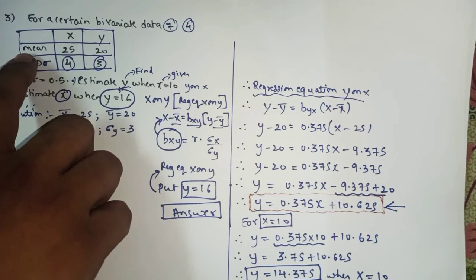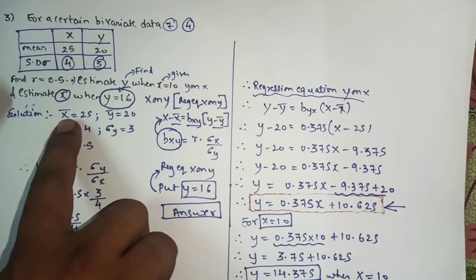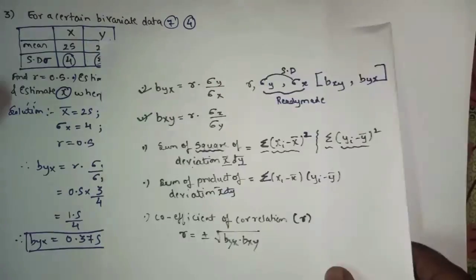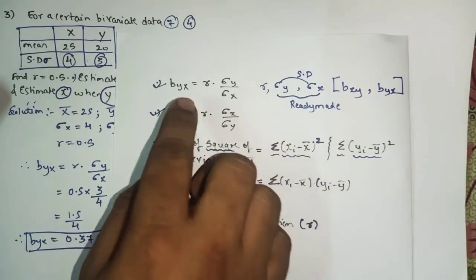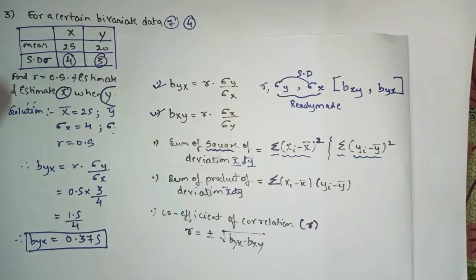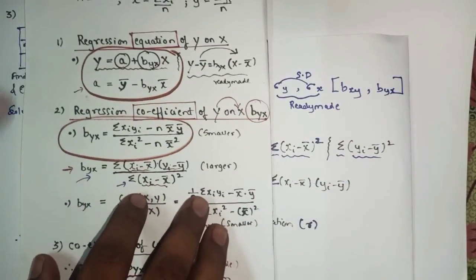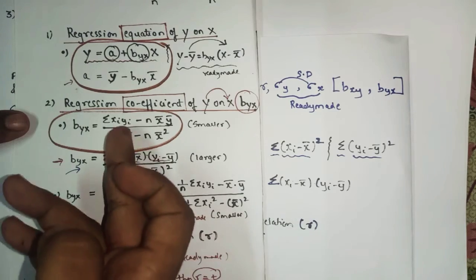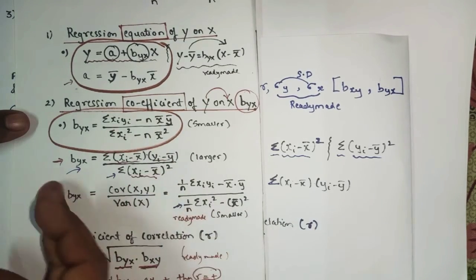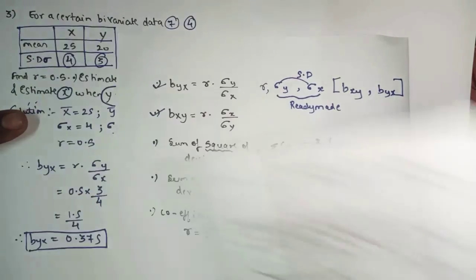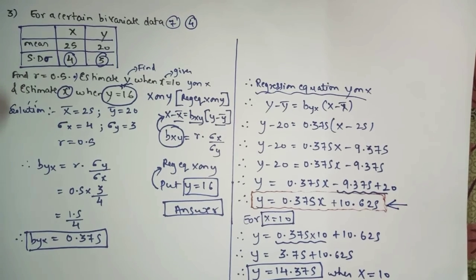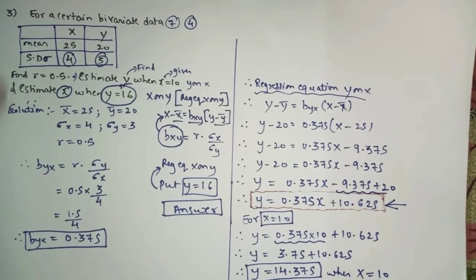Mean means x bar and y bar. And as I told, when you have these three values, straight away you will apply this formula to find your byx and bxy. When you have all the ready-made values, then you will apply these formulas. I hope you all understood the first sum, the second as well as the third sum.